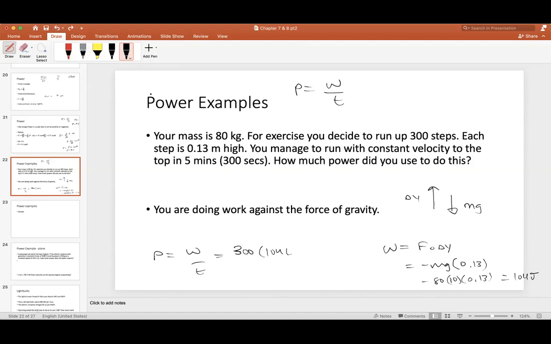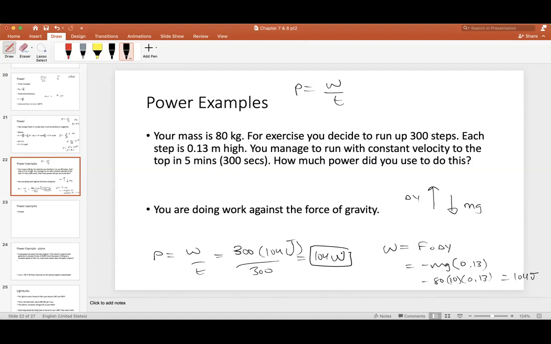So 104 joules over 300 seconds. These cancel, and what we get is 104 watts. So you did 104 watts of power, or you used 104 watts of power to go up those stairs.